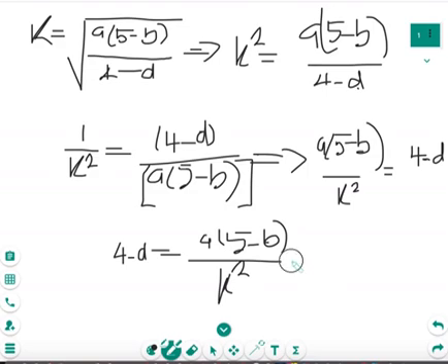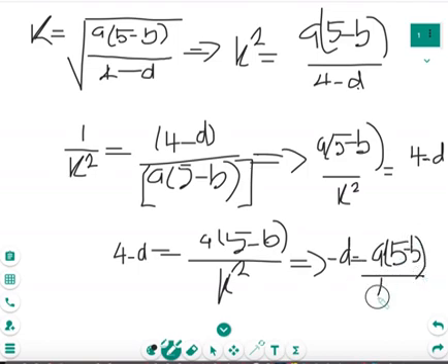And so this implies minus d is equal to a into brackets 5 minus b bracket closes all over k squared minus 4.